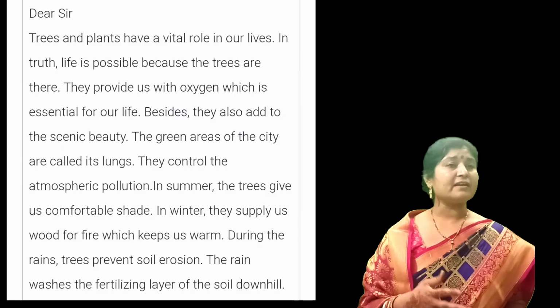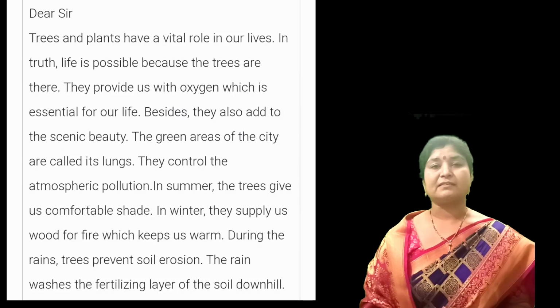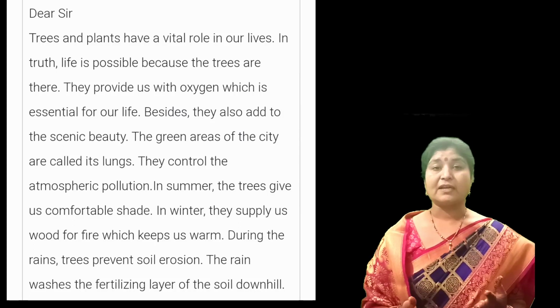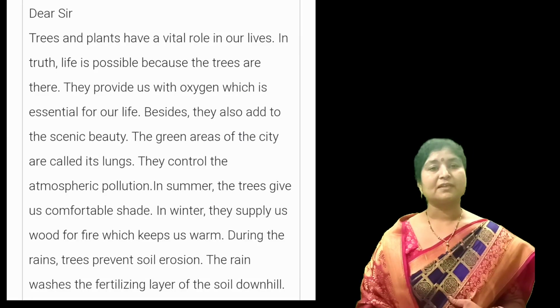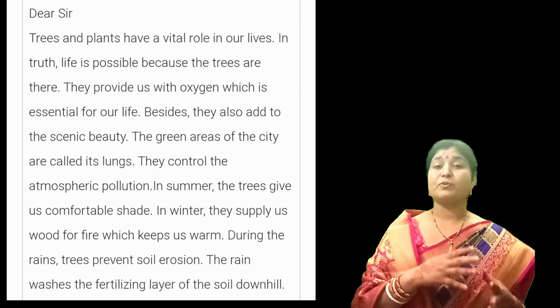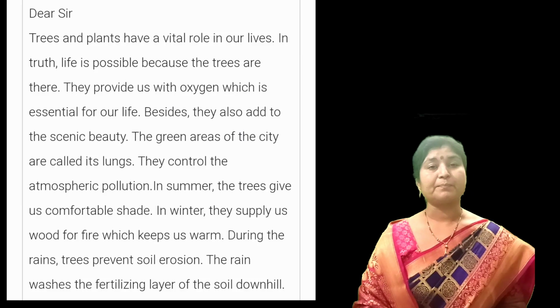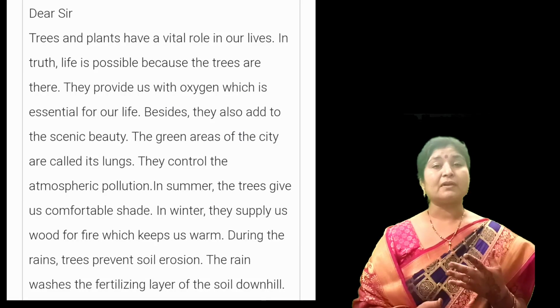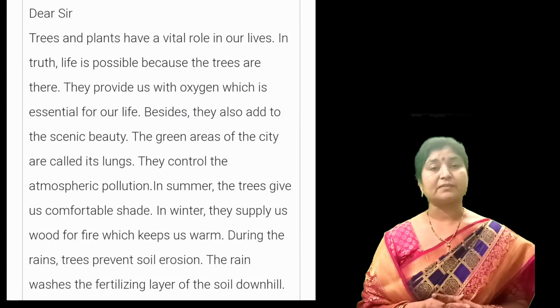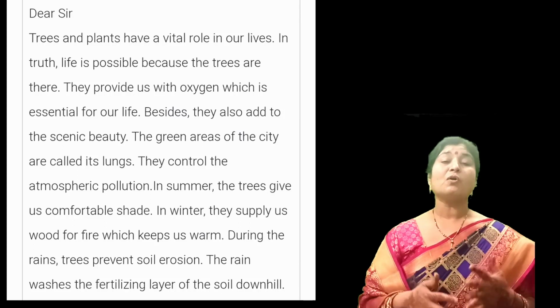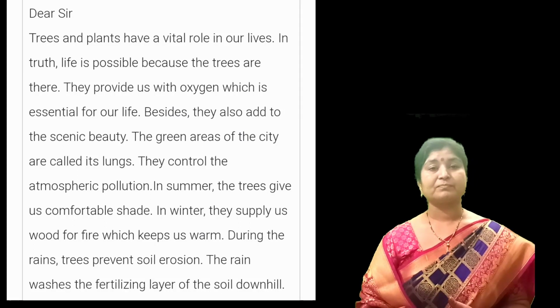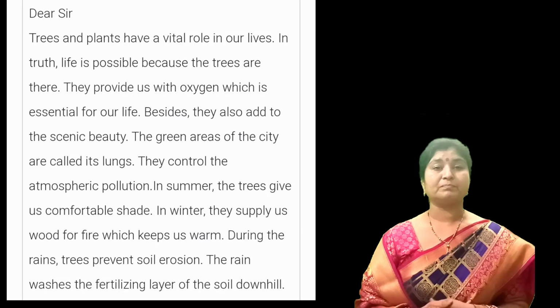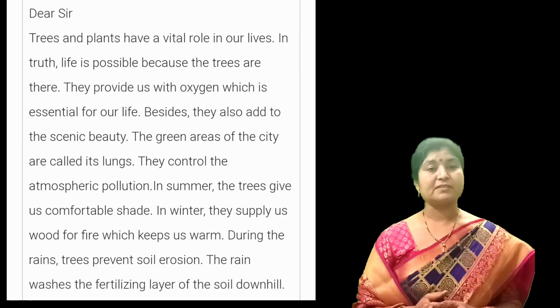The green areas of this city are called its lungs. They control atmospheric pollution. In summer the trees give us comfortable shade. In winter they supply us wood for fire, which keeps us warm.